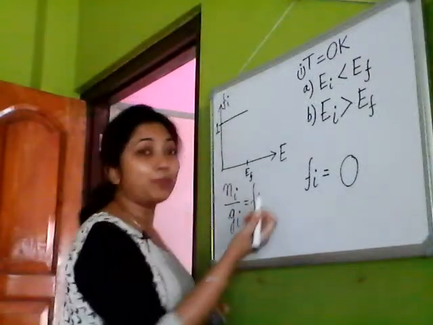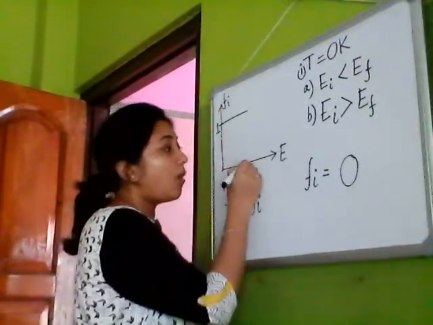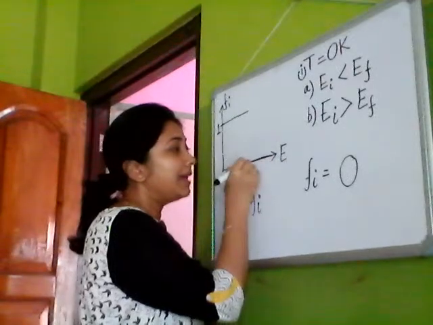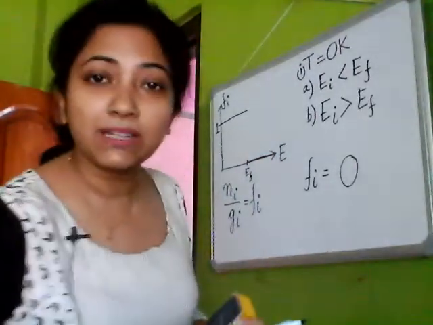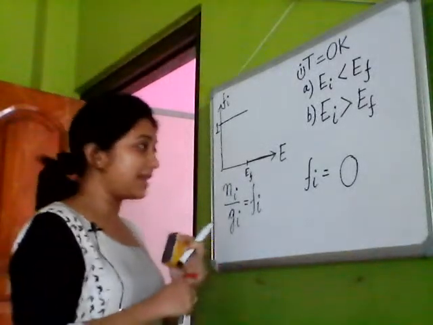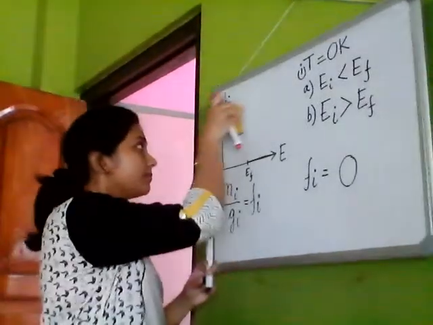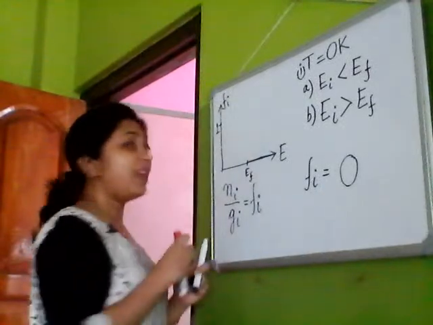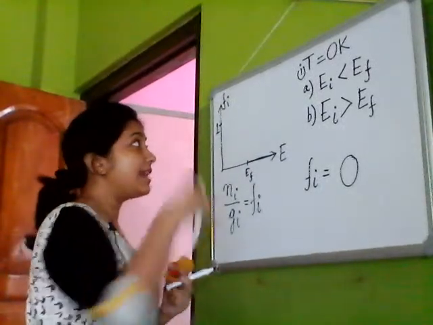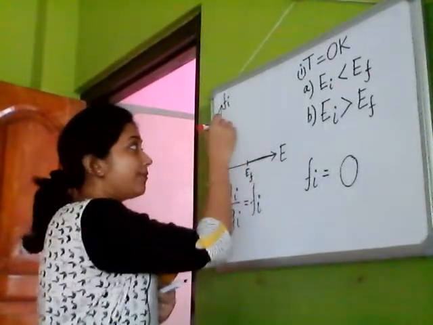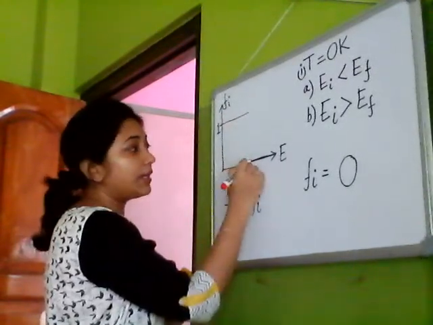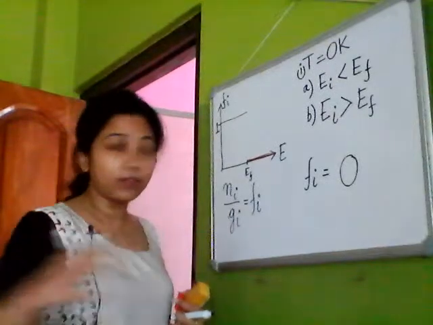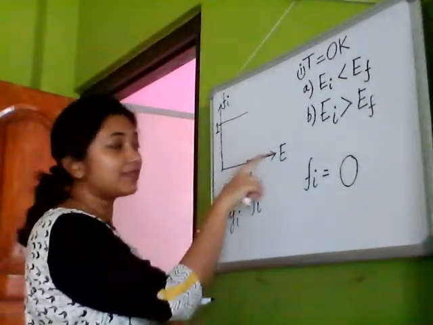So if I had to plot this, how will I plot? Over here, this entire thing would be at the 0 level. Or if I may use some other color so that it is easier for you to understand. When I was drawing this for energy levels till EF, we had 1, and now when I am plotting it for EF onwards, it is 0.